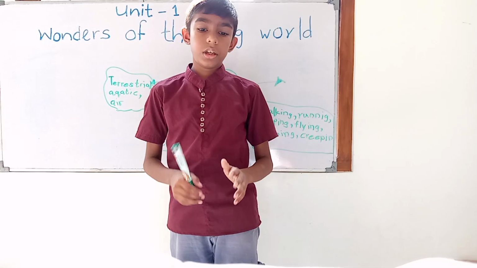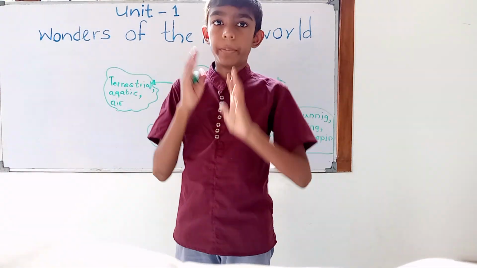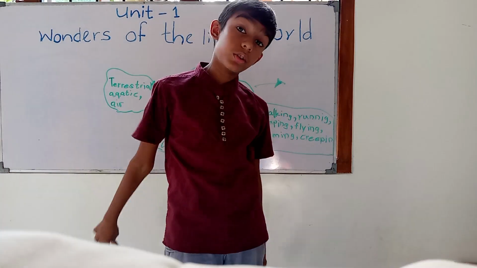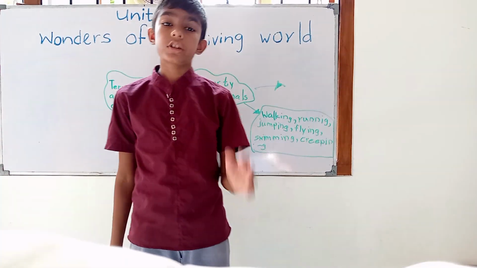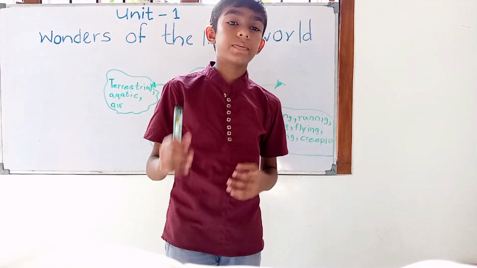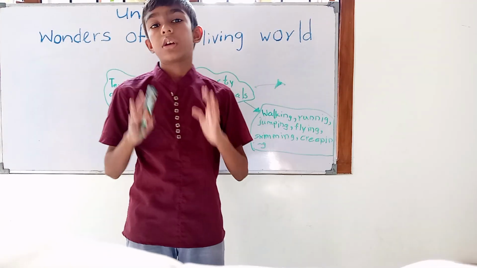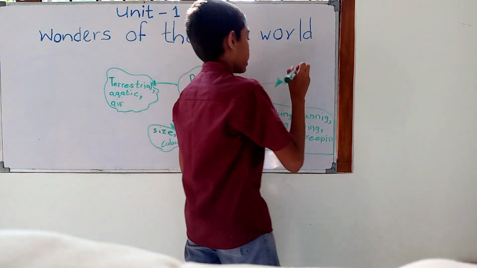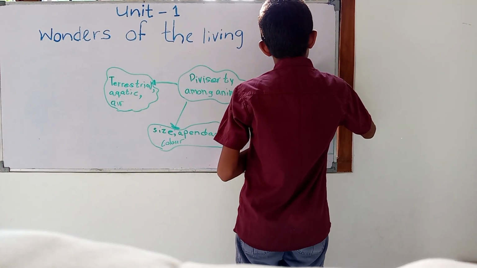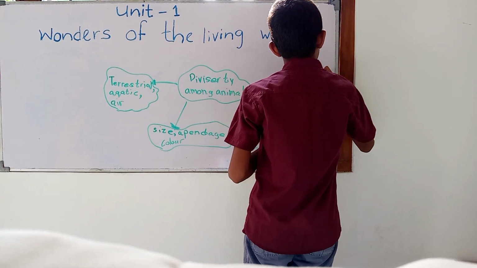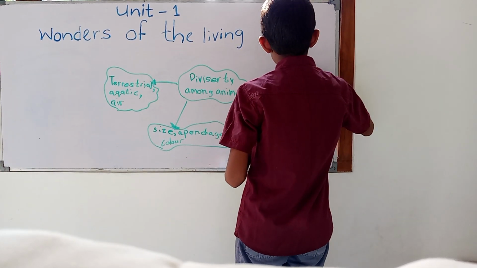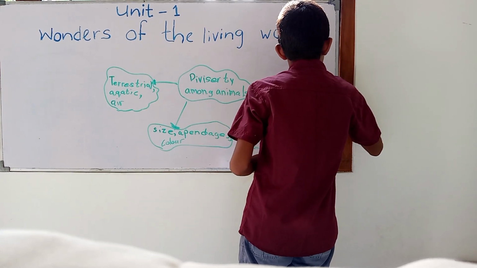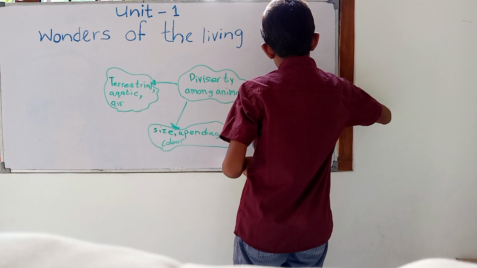Now, the fourth one is based on the type of food. Now, what is the type of food, you ask? Well, it is the type of food they eat. We can divide them into 3 main groups with the type of foods they eat as carnivores, herbivores, and omnivores.